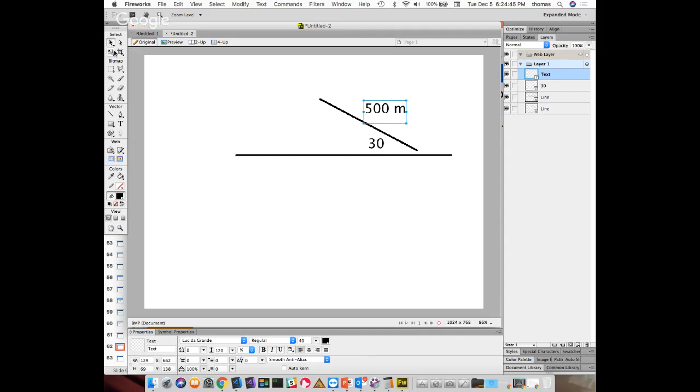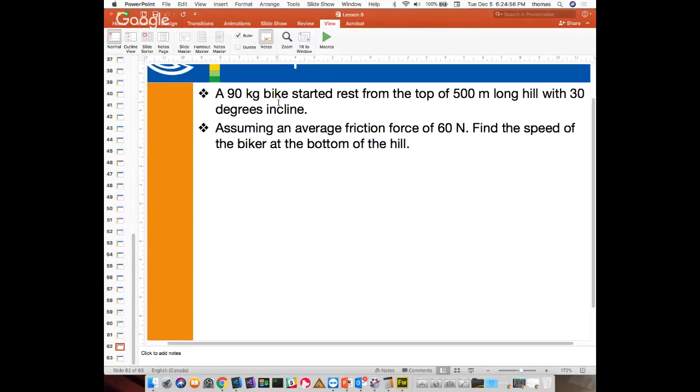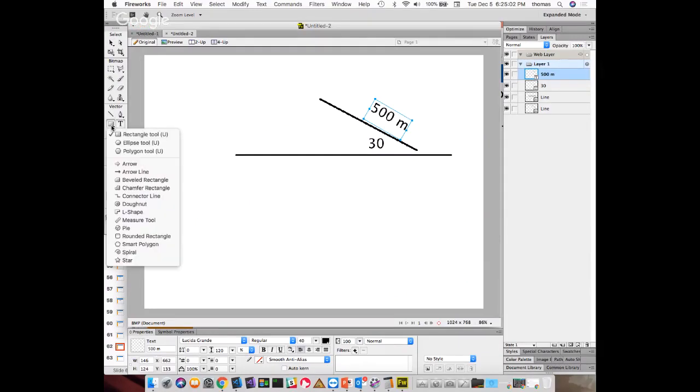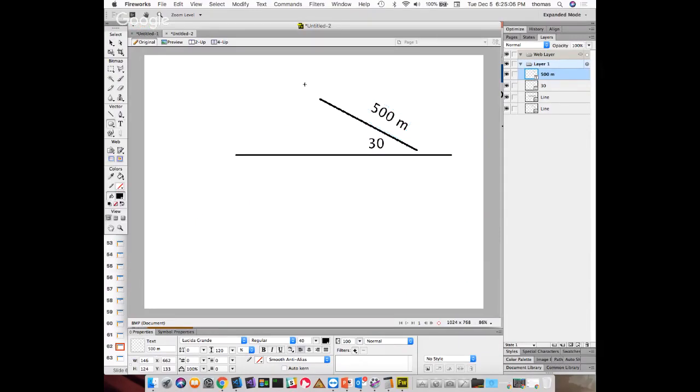Can I modify it so that it looks a little better? Maybe I can. 500 meters, we know that that's the case. And we know that this bike is at the top, and it is 90 kilograms. Let's just draw a circle for the bike. There's the circle.